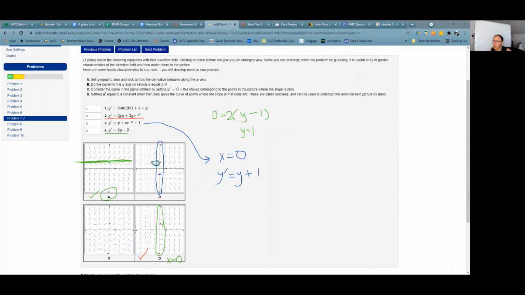Above the line y equals -1, they all have positive slopes, which makes sense given this equation. Below y equals -1, they all have negative slopes, which again works with the equation. So we figured out what goes there. This one was just a hot mess.